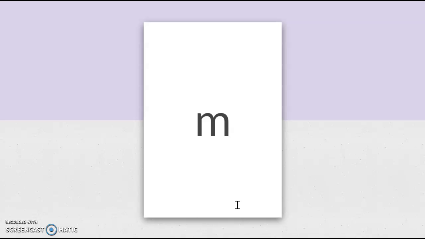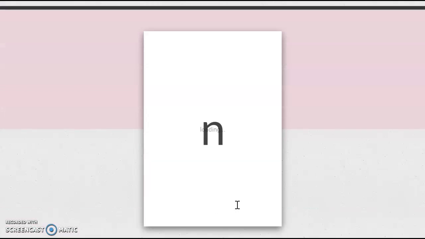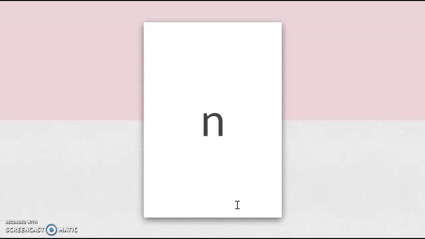This is the letter M. Letter M makes the sound. Can you make the sound with me? Our next letter is the letter N. Letter N makes the sound. Can you make the letter N sound with me?